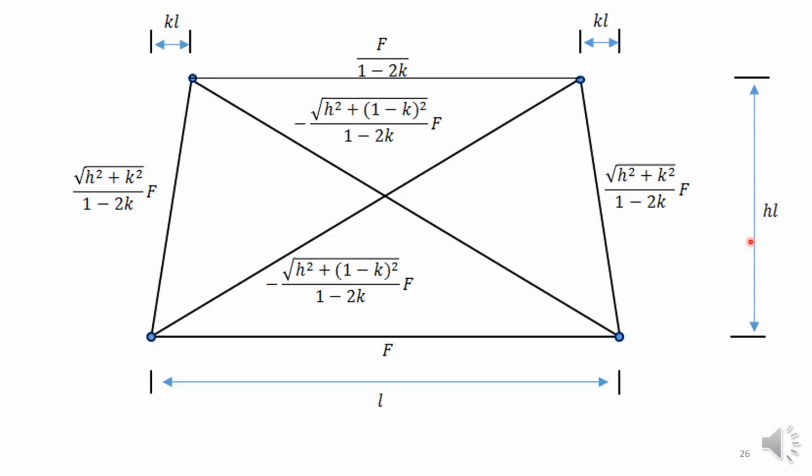The height here is H times L, so the ratio of vertical to horizontal is H to 1. Because of this, you have different kinds of Stroop forces here. If you have F here, you'll have F over 1 minus 2K here. Similarly, this multiple of F on that side, this multiple of F on this side. On the diagonals, you have negative this multiple times F and negative this multiple times F. Notice the diagonals have equal force here.